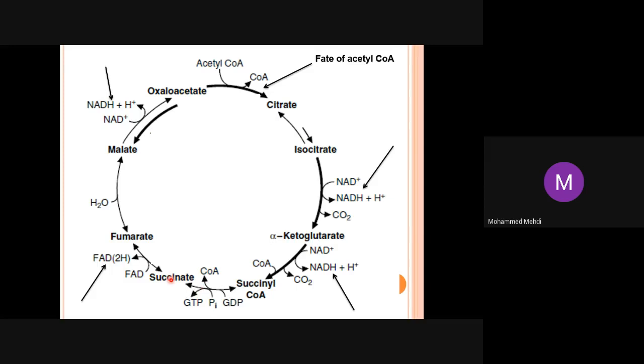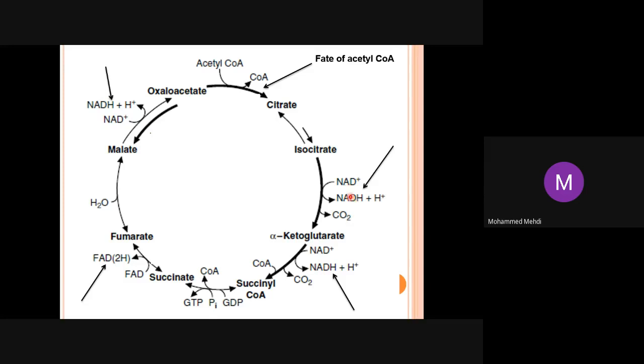Succinate will be oxidized into fumarate by succinate dehydrogenase enzyme. Here FAD will be reduced to FADH2. Hydratase or fumarase enzyme adds water for the formation of malate. Malate is again oxidized to oxaloacetate. So we have transferring of electron and hydrogen atom to the coenzyme.